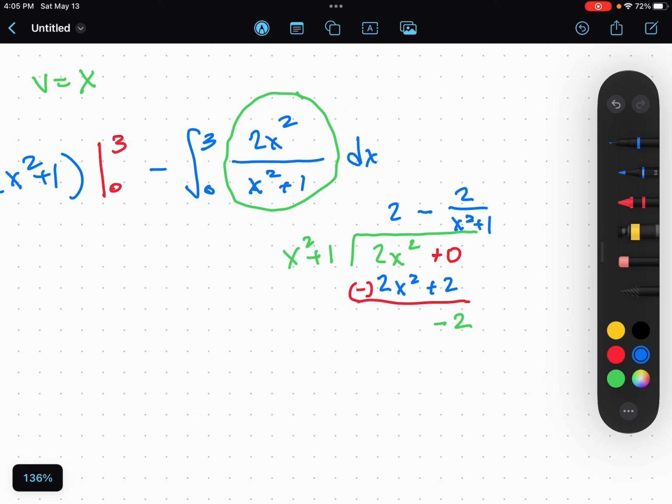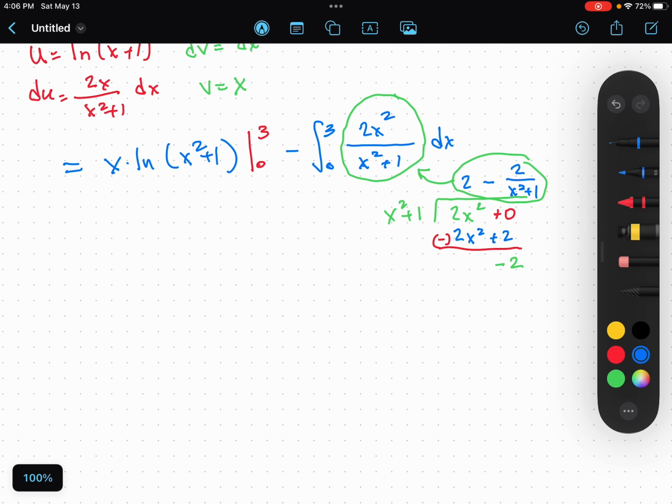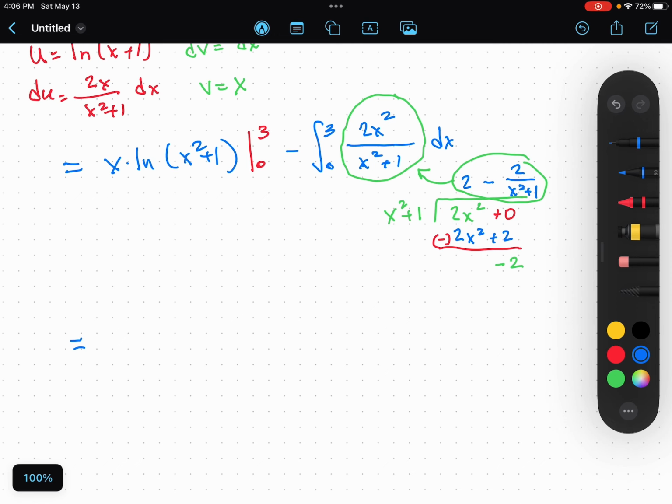Now notice this new fraction is a little more well-behaved, right? It doesn't have 2x squared on top, it just has 2 on top. So I will take this expression and put it in place of the 2x squared over x squared plus 1, and that'll allow me to do this antiderivative. So I'm going to rewrite everything that we have here, and then we'll proceed and finish this problem off. So keeping that stuff on the left, I had x times natural log of x squared plus 1.